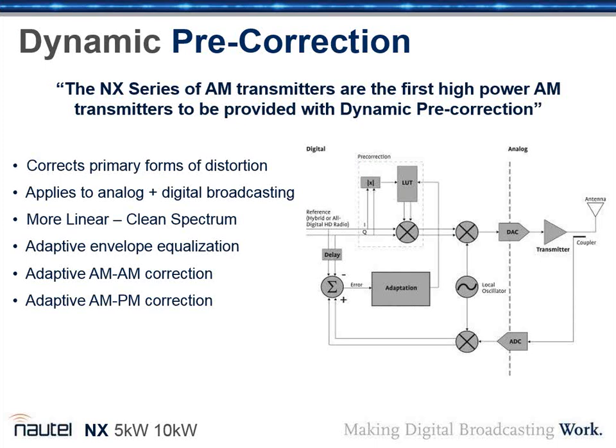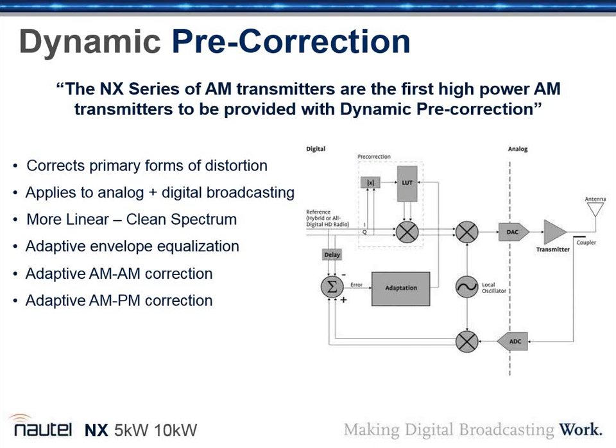That's stored in the lookup table, the LUT there. That's right. So it's self-correcting for anything that changes, and the things that we're correcting for are envelope equalization, AM to AM correction, and AM to PM correction.